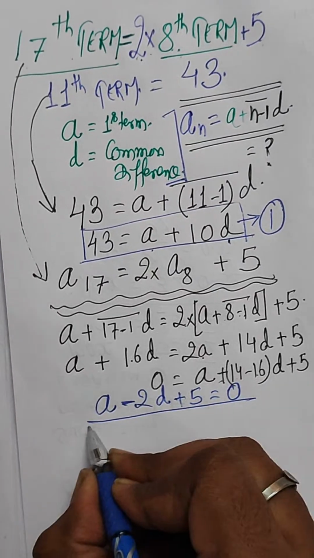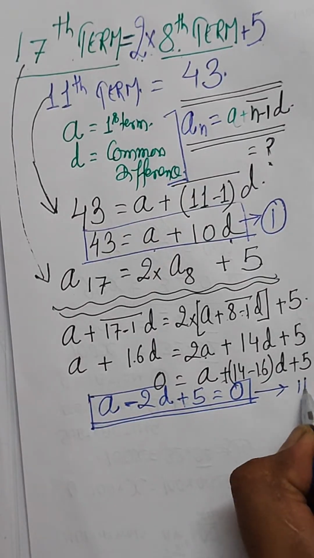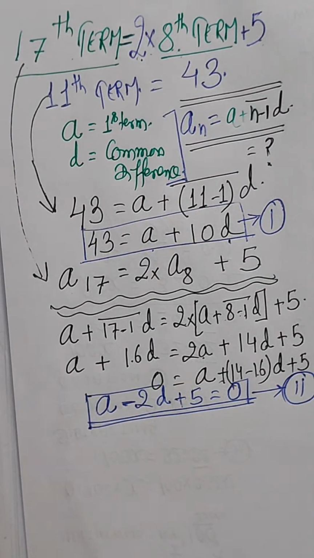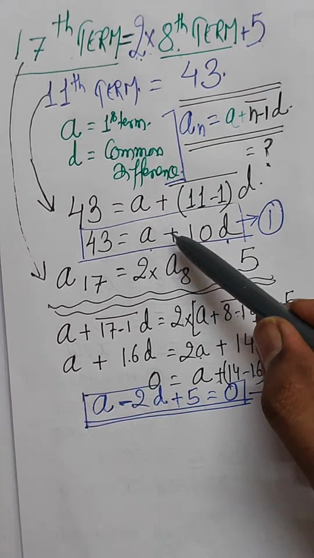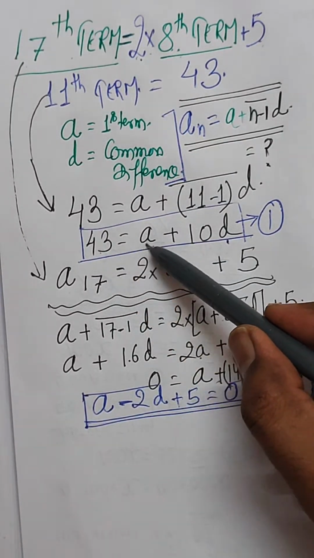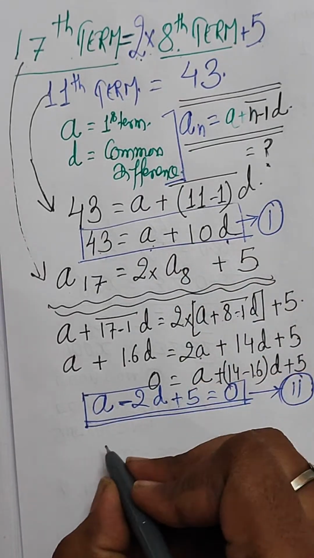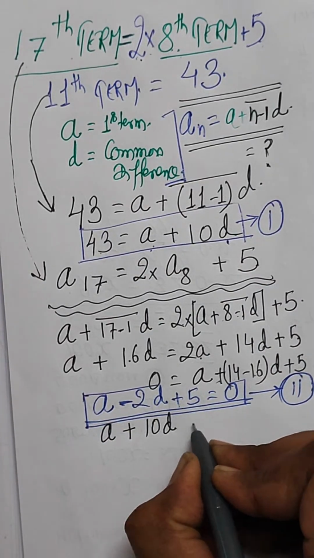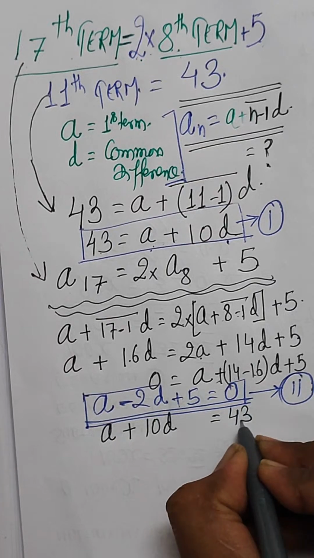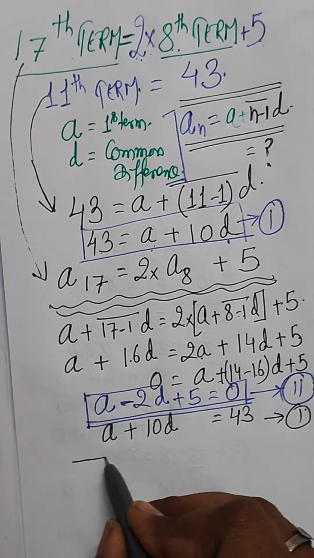So this is equation number 2, which is derived now. Now we have the relation A plus 10D equal to 43, which is our equation number 1.